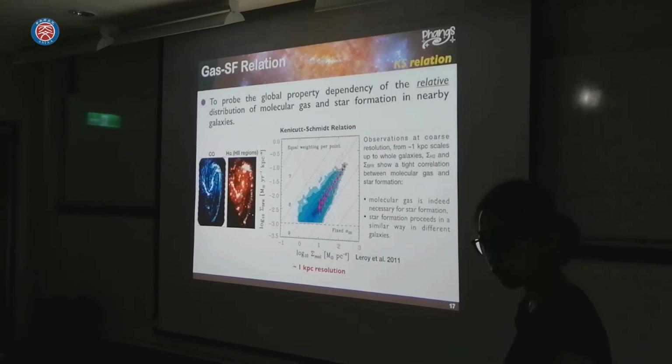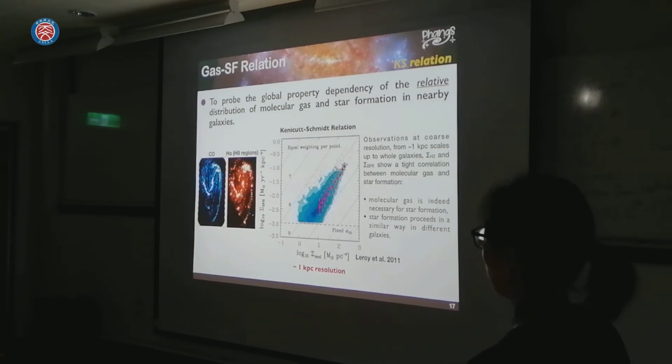So the goal of this paper is to probe the global property dependency of the relative distributions of molecular gas and star formation in nearby galaxies. The global properties here mean global stellar mass or morphology.